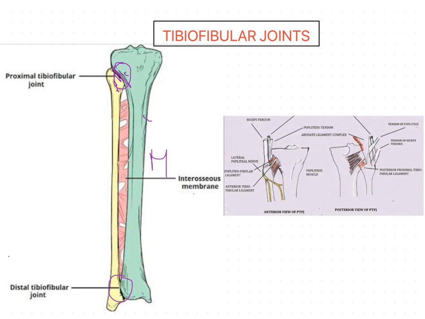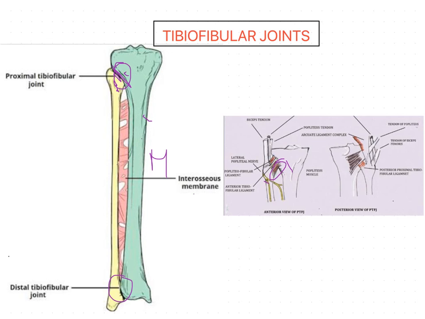And next, the ligaments of this joint are the anterior ligament and posterior ligament. Here you can find the anterior ligament, the anterior tibiofibular ligament. This one, the anterior tibiofibular ligament, stretches from the front of the head of the fibula to the front of the lateral condyle of the tibia.